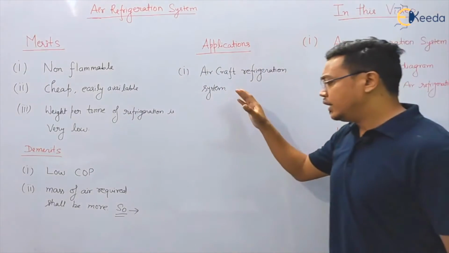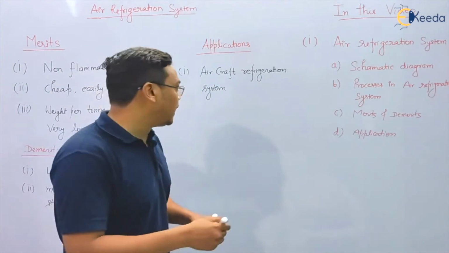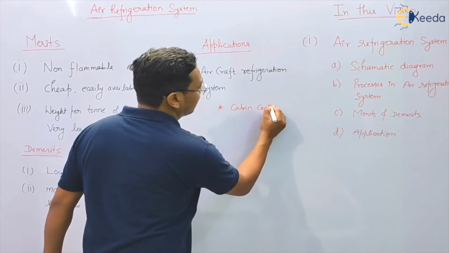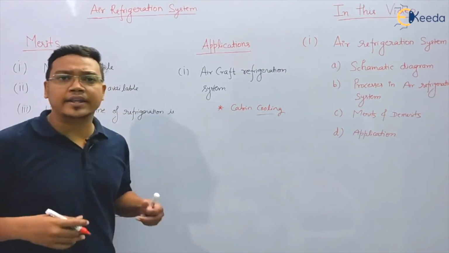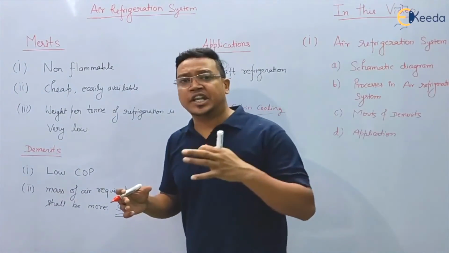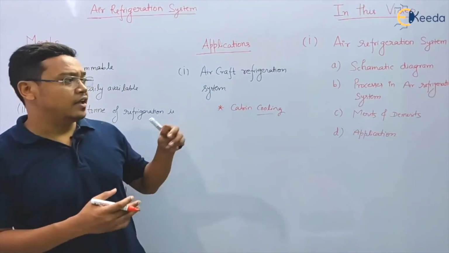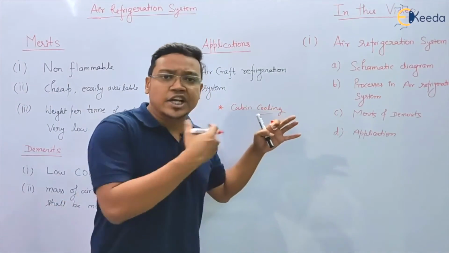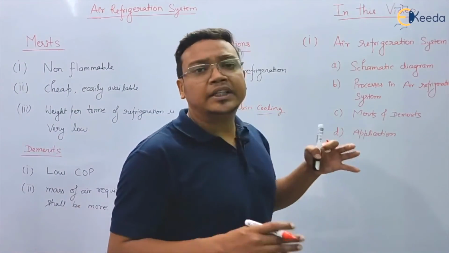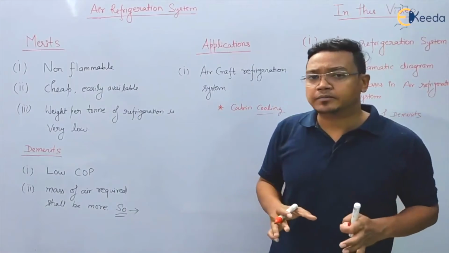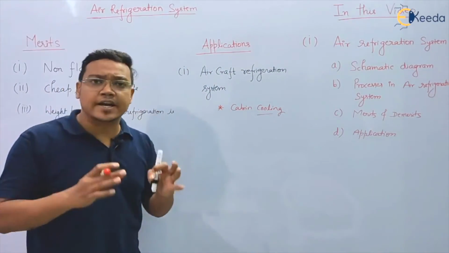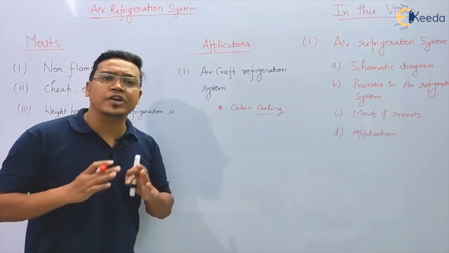Because in aircraft refrigeration system there is a cabin cooling system. Cabin cooling system means we require that the cabin should be cooled because there are so many machineries, hardware, software, and the heat will generate in the cabin. So low temperature should be maintained in a cabin. However, this aircraft refrigeration system we will study in detail in future videos.